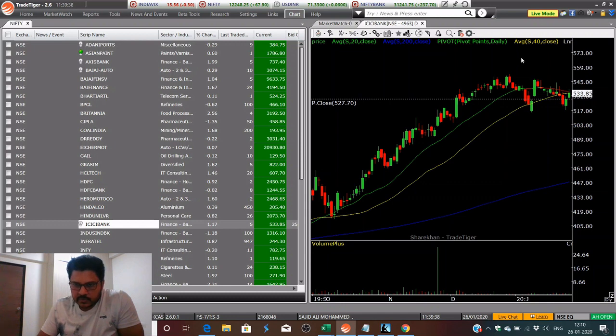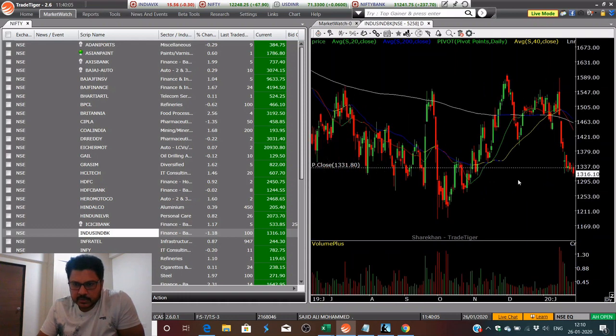When it goes too far from the 20 period moving average, there will be a space between price and the 20 period moving average, and between the 20 period moving average and the 200 period moving average. So the price will snap back to the 20 period moving average first if it has to retrace and go up. If it has to change the trend, the moment it crosses the 20 period moving average, the next target is about the 200 period moving average, where it is going to take the support. So understand this logic.